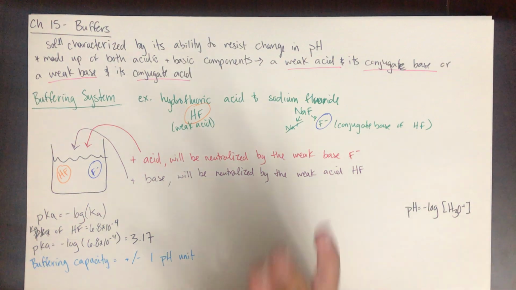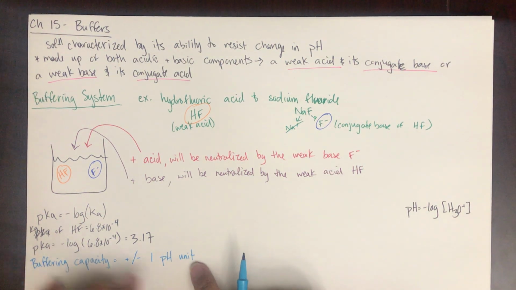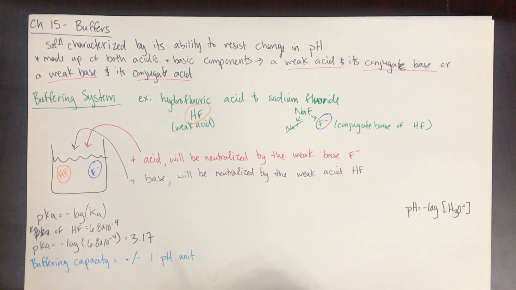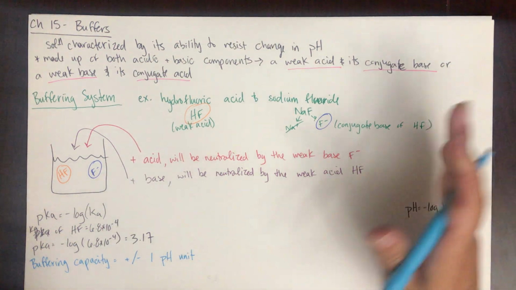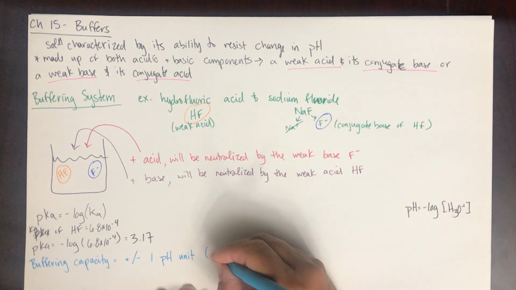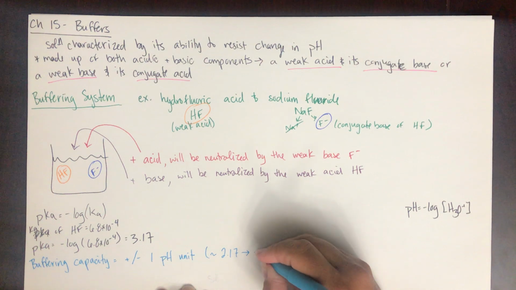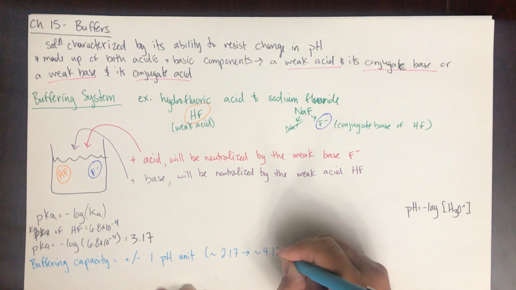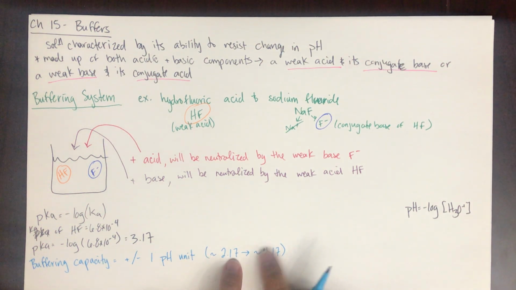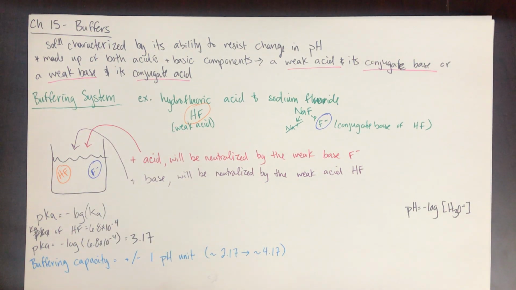That means that if you had a buffering system of hydrofluoric acid and sodium fluoride, it would do a good job of resisting change in pH from about a pH of 2.17 to about a pH of 4.17. Once you get outside of this range, this buffer would no longer be effective.